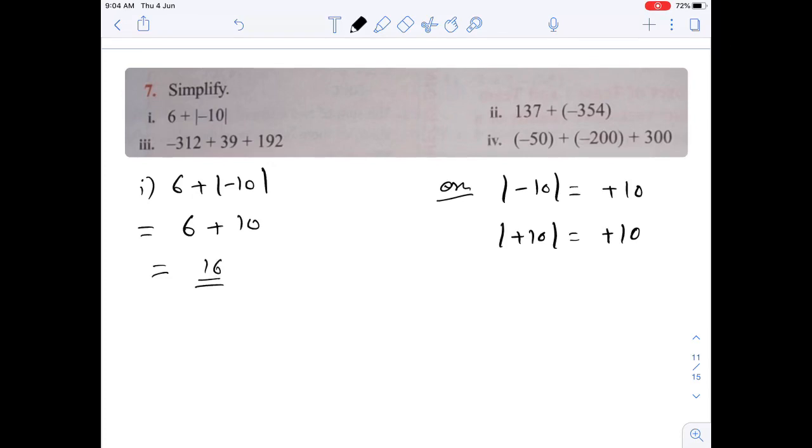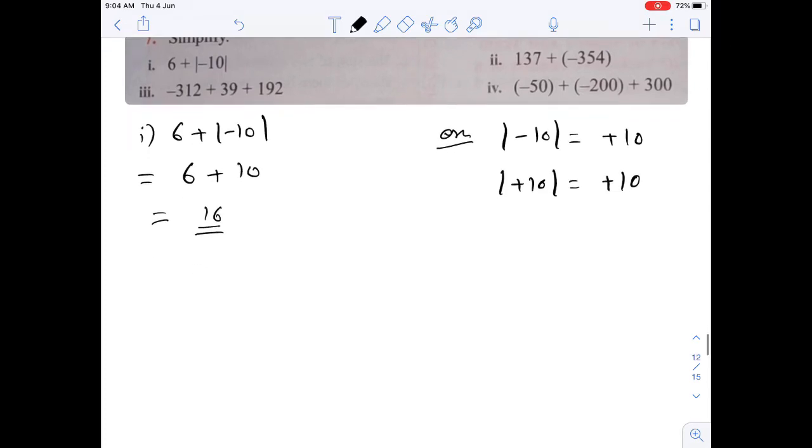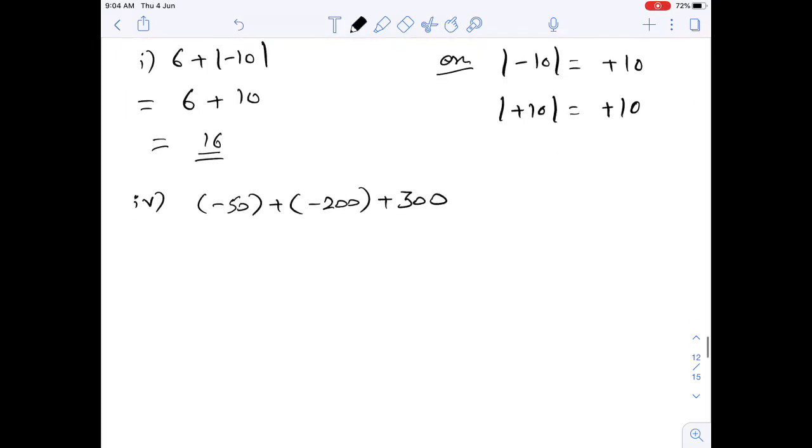Now let us solve the next example. Let us try to solve example number 4. Now here it is given minus 50 plus minus 200 plus 300. So solution equals to.